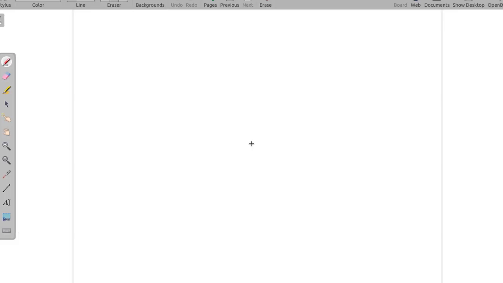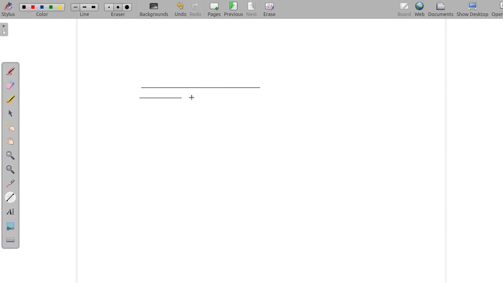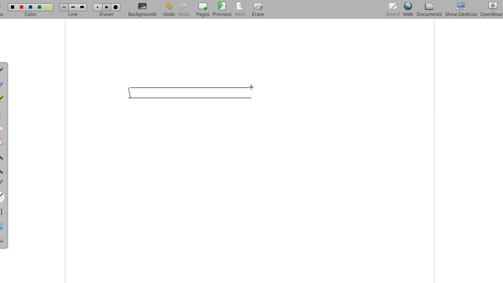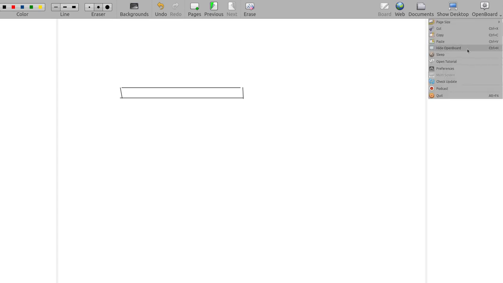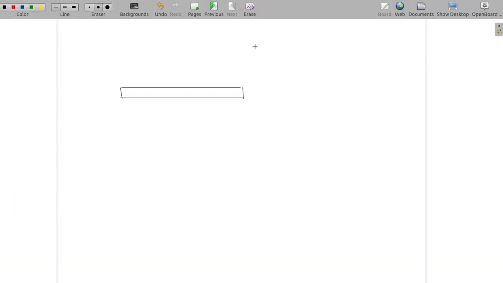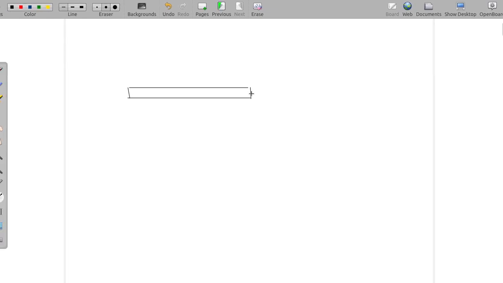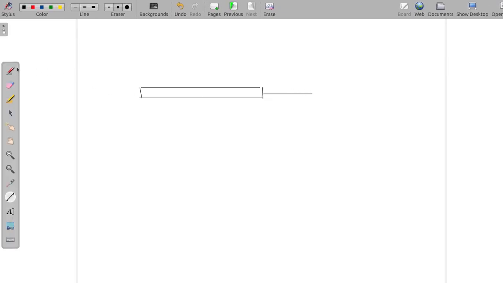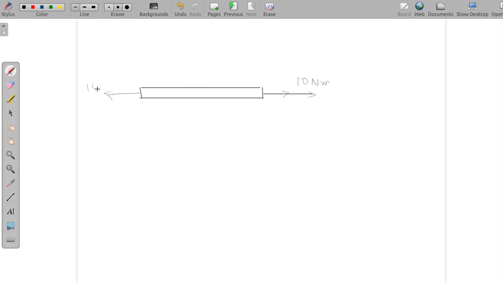So now if I draw a bar here, I can show the direction here. Let's say I'm applying a torque of 10 Newton meter in this direction, and 10 Newton meter in this direction.